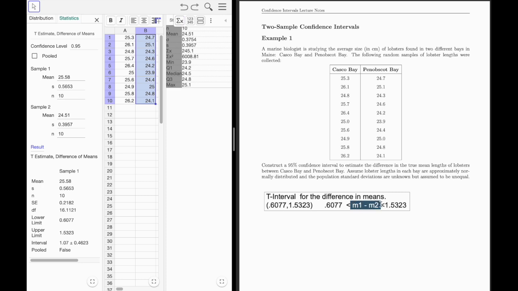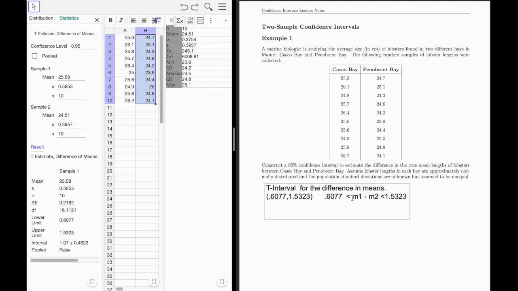Now, because the difference of these two means falls between two positive numbers, when I subtract these, I should actually get a positive number, because a positive number has to fall between two positive numbers.